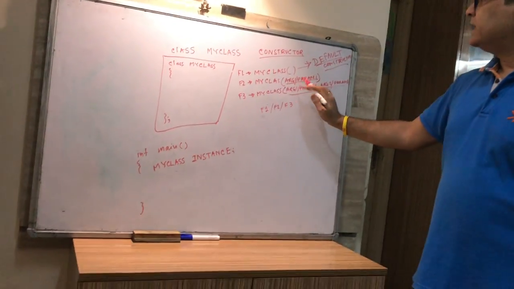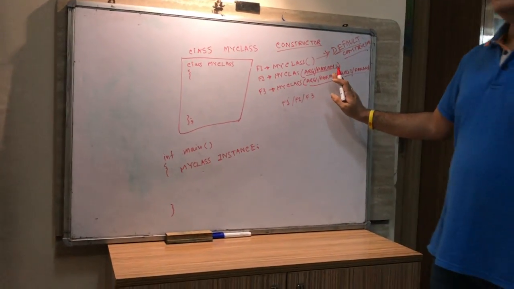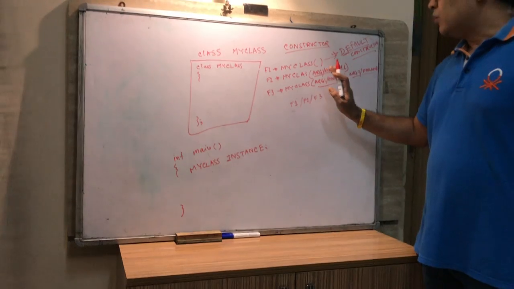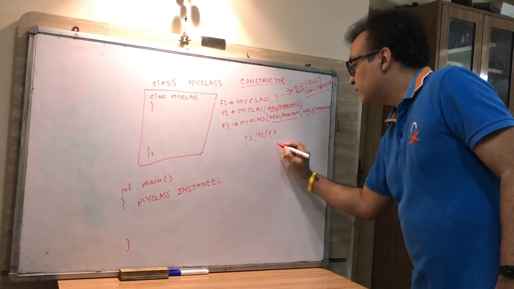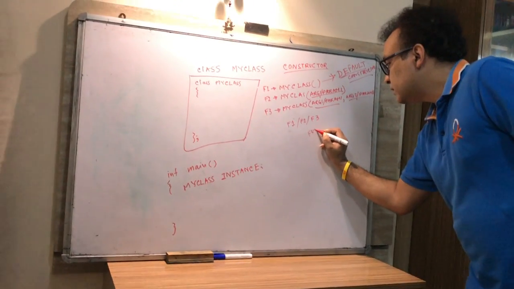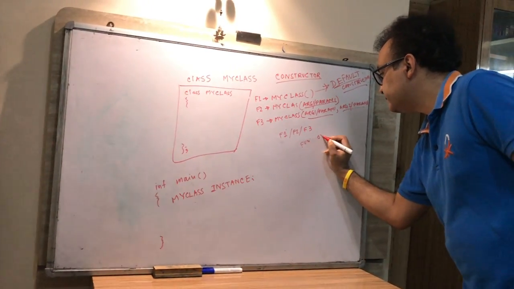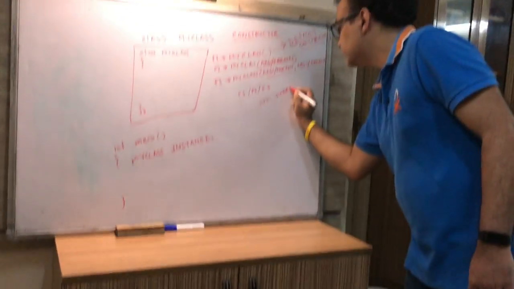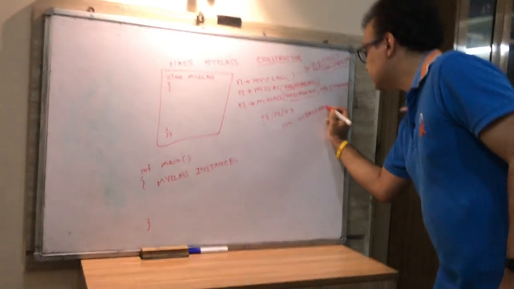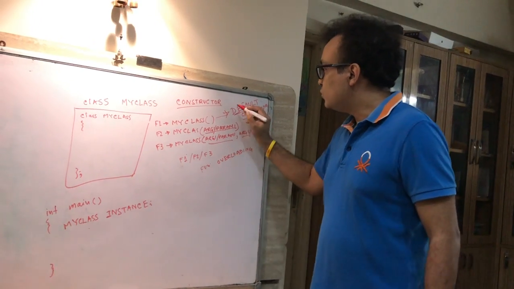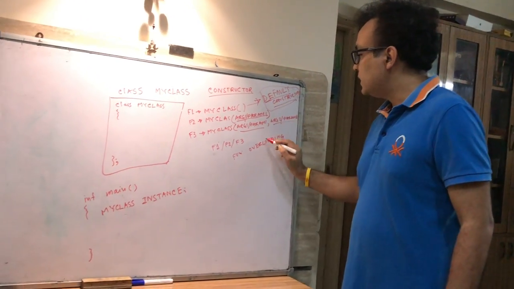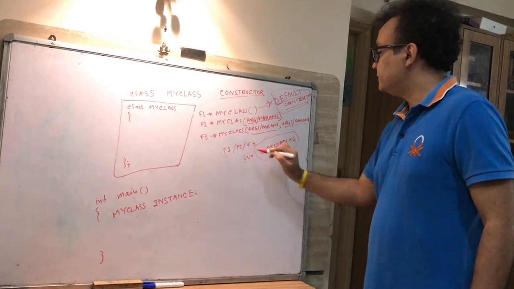And based on the type and the number of arguments, the concept where the compiler picks the correct constructor is called function overloading. So you can remember these 2 terms. One is default constructor, another is overloading.